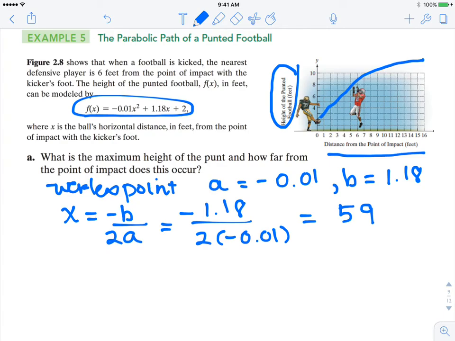59. So what does that represent? That represents the x-axis distance, and then to find the y, we're going to evaluate that function for f of 59.